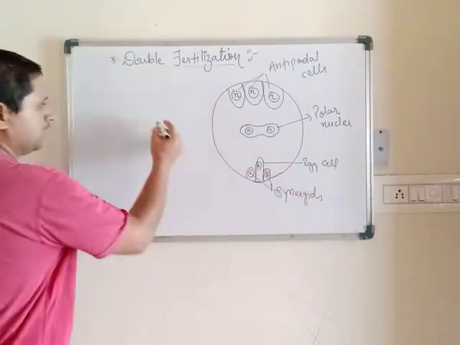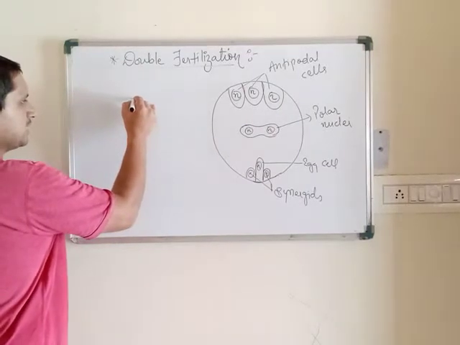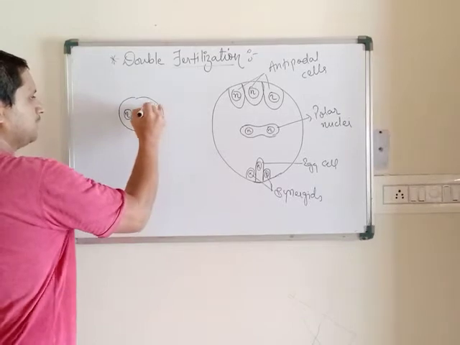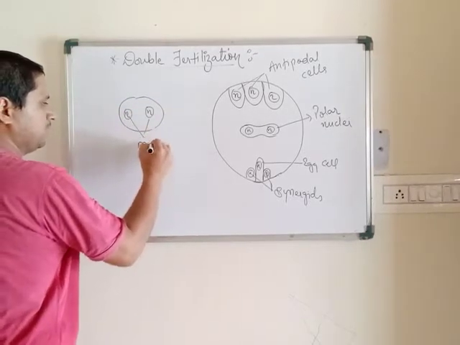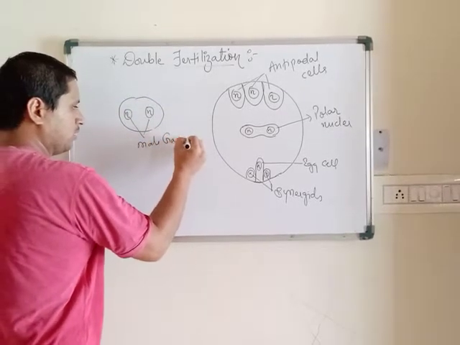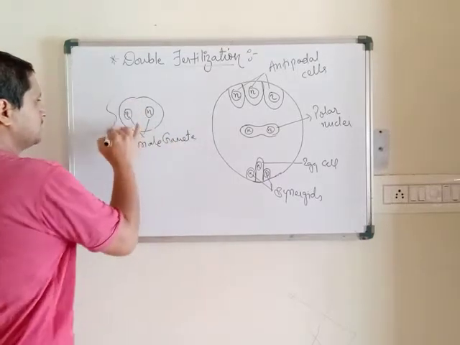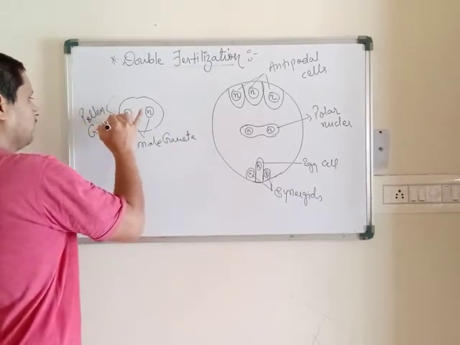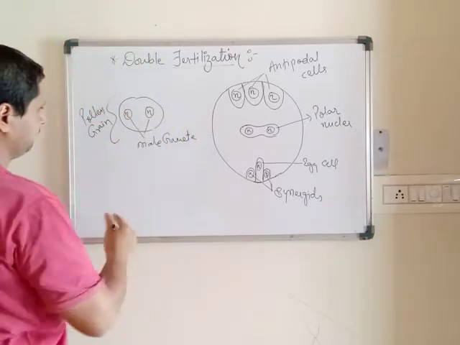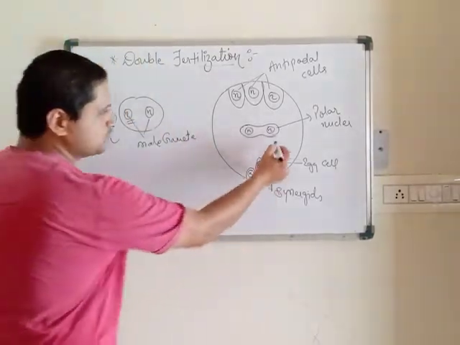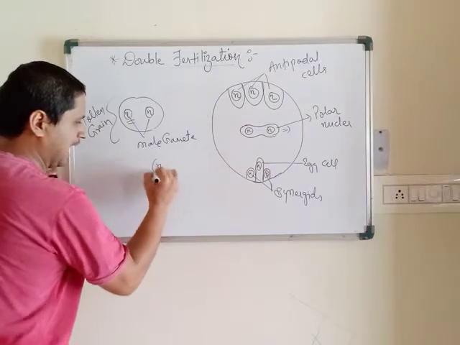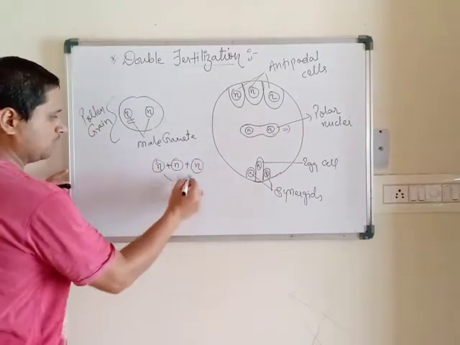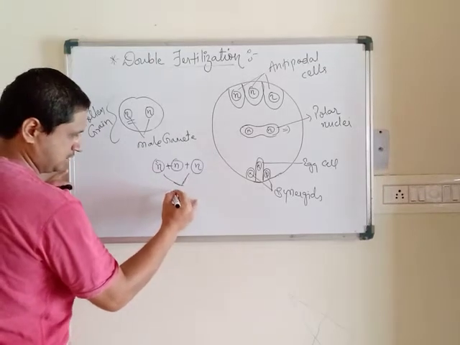Now normally the pollen grain contains two male gametes, and this is the pollen grain. Now one male gamete fuses with the polar nuclei, that is N plus N, to give what, class?